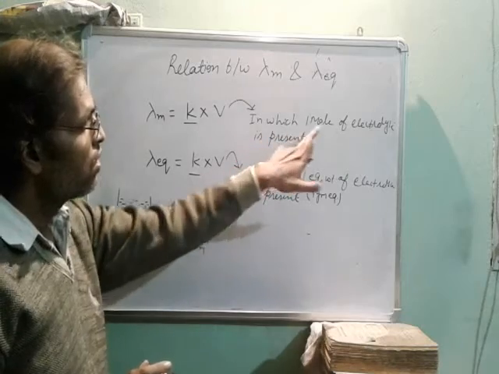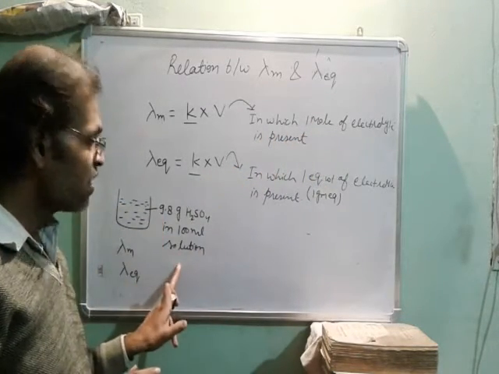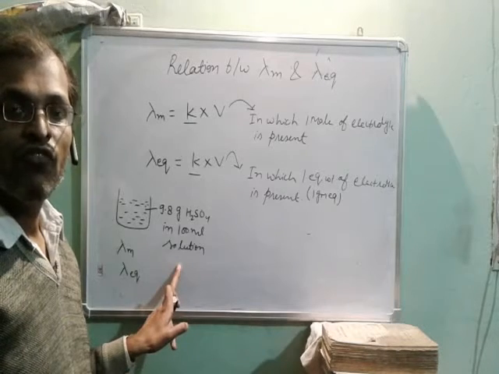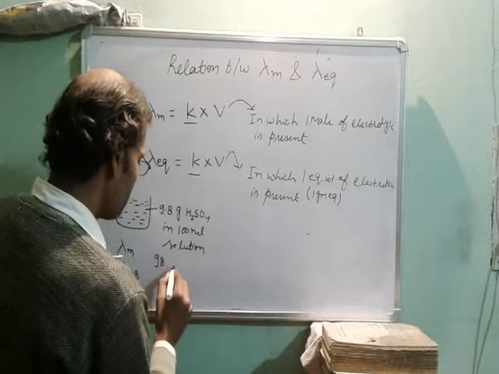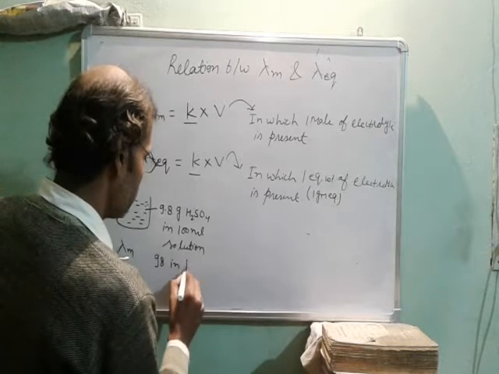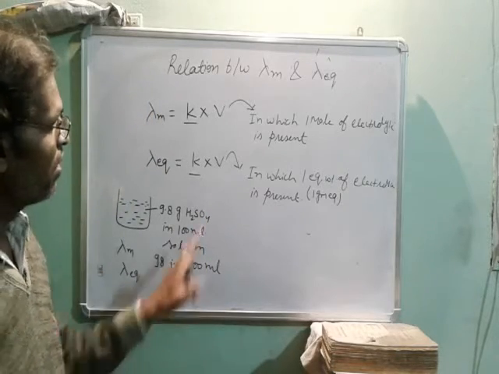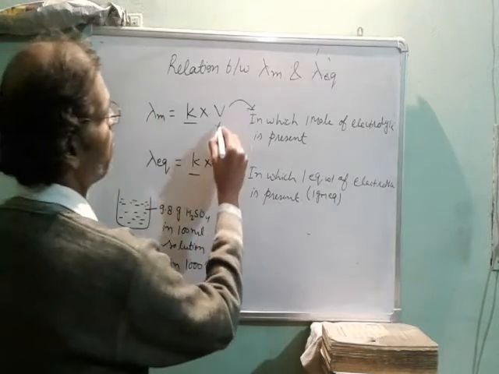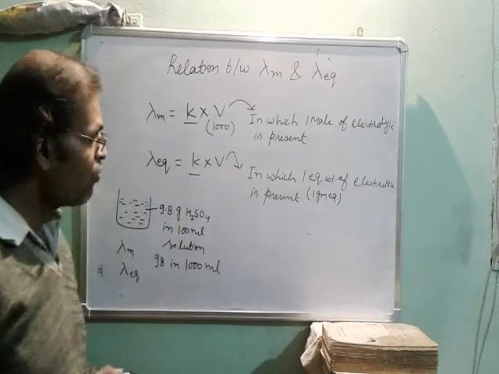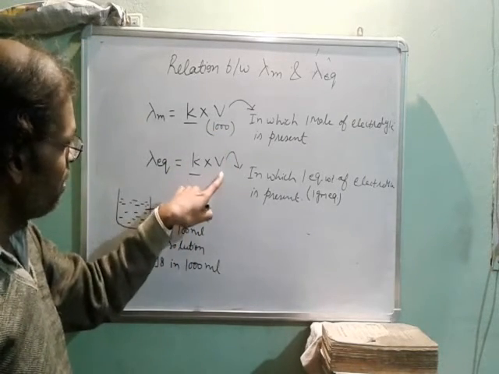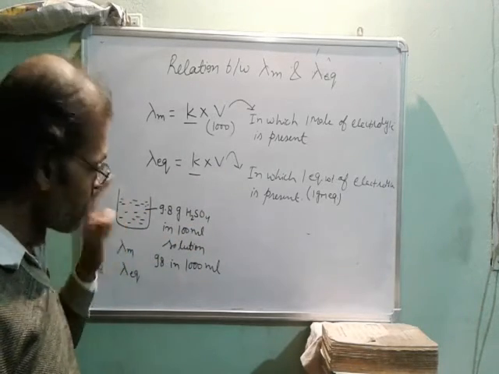9.8 gram in 100 ml. So what volume contains 1 mole? 1000 ml will contain 1 mole. It means that 98 gram is in 1000 ml. So here the value of V will be 1000. Now we have to find the value of this V from this example.